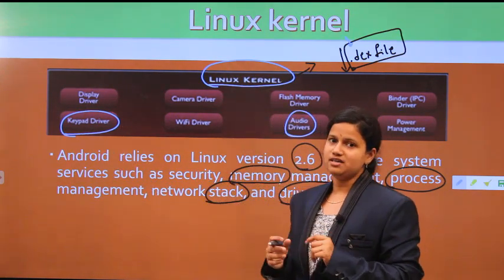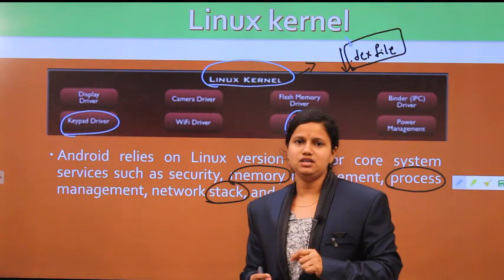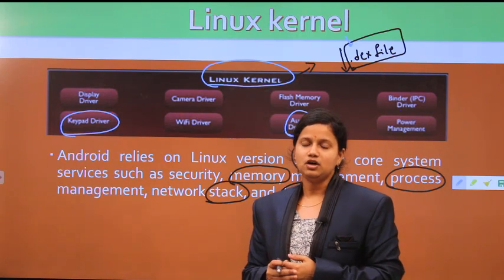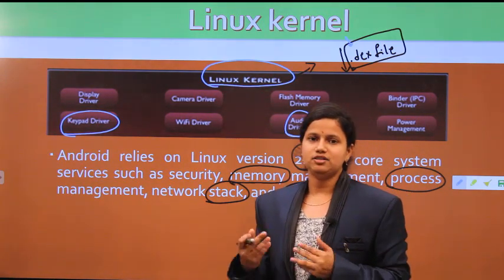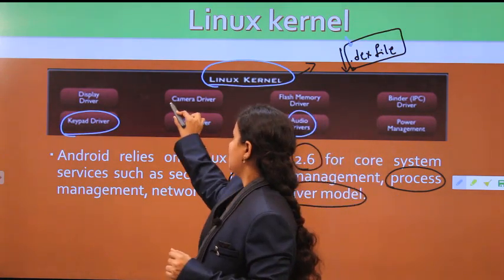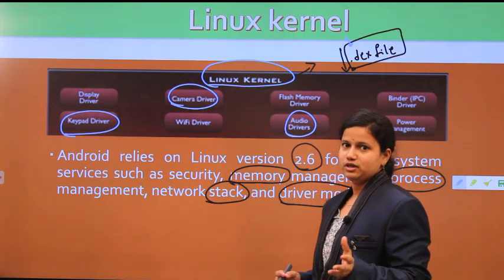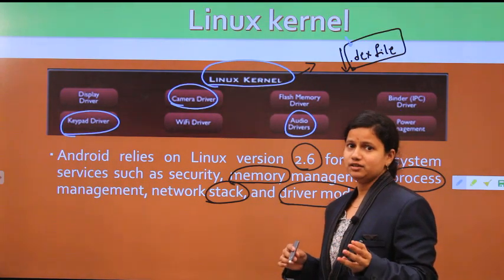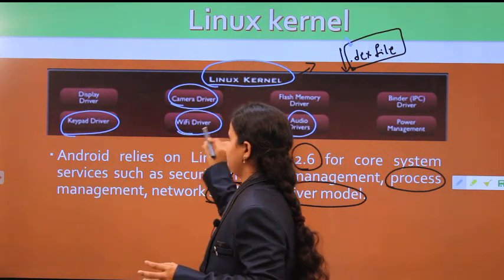Or otherwise, another example: I am creating an application that takes images or scans an image. In that situation, you go with a camera application to access your photos or videos, and you require a camera driver. And if I want to connect with Wi-Fi or Bluetooth, you require a Wi-Fi driver.